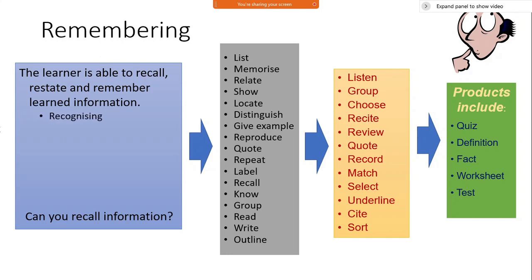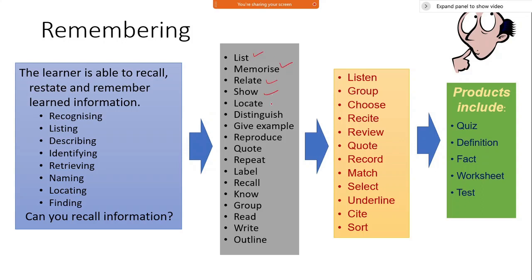When you have these Bloom's taxonomy levels, for remembering, the candidate should be able to list, memorize, relate, show, locate.